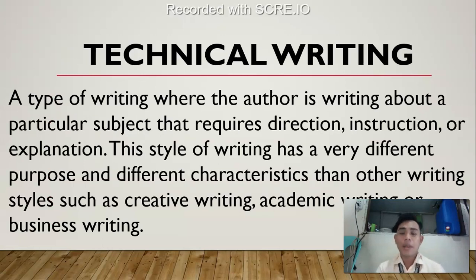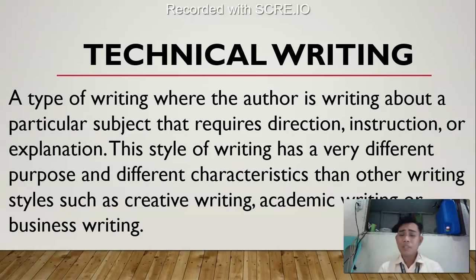Technical writing is a type of writing about a particular subject that requires direction, instruction, or explanation. This style of writing has a very different purpose and different characteristics than other writing styles, such as creative writing, academic writing, or business writing.